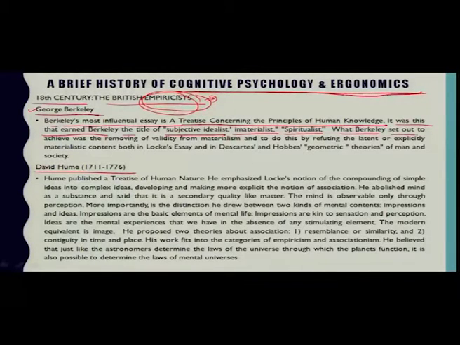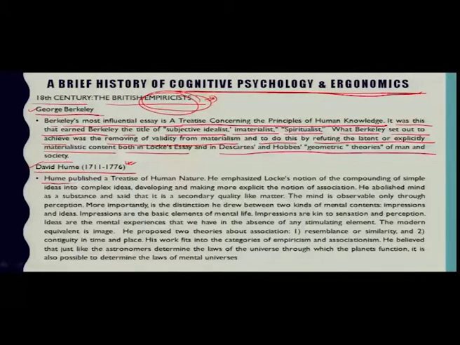What Berkeley set out to achieve was the removing of validity from materialism, and to do this by refuting the latent and explicitly materialistic content both in Locke's essay and in Descartes' and Hobbes' geometric theories of man and society. Then there is David Hume, 1711 to 1776.